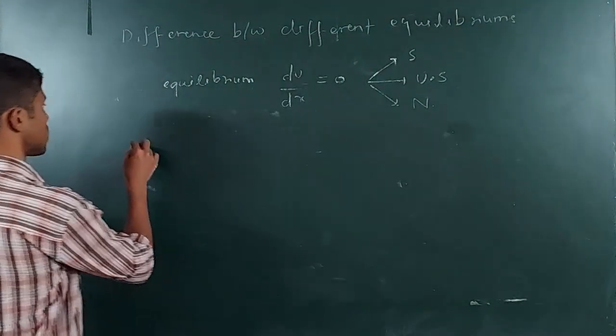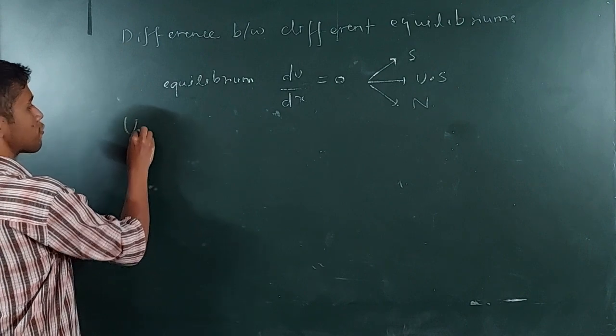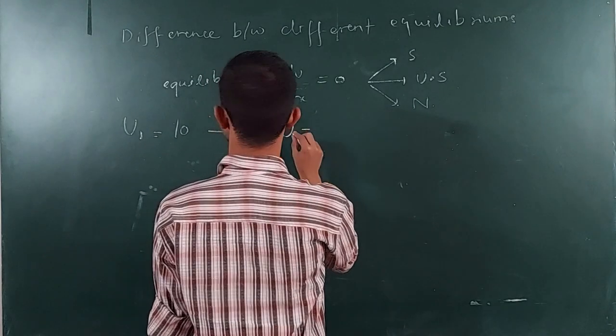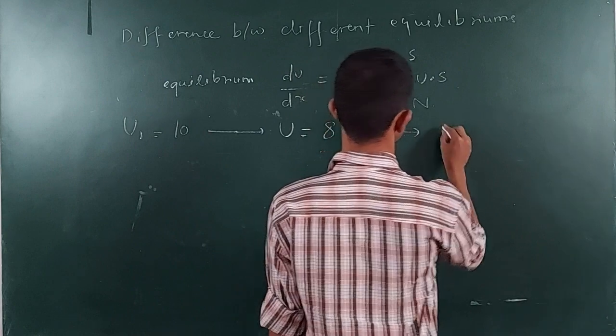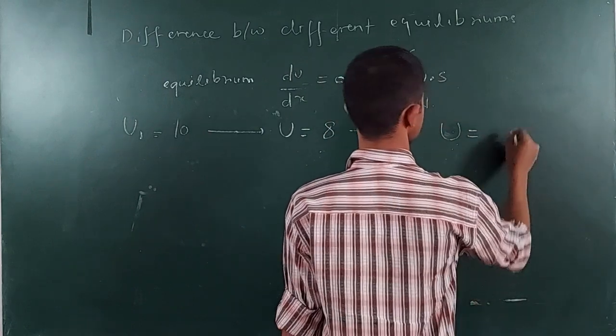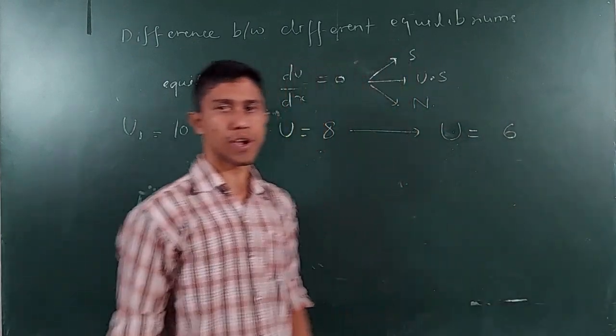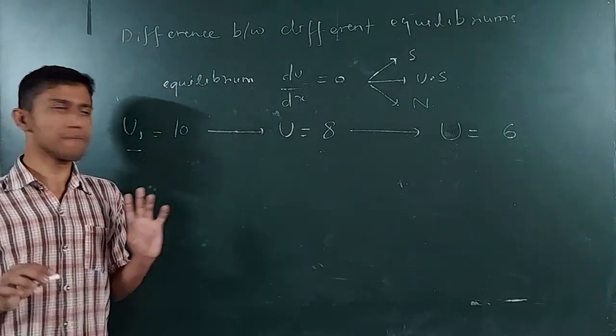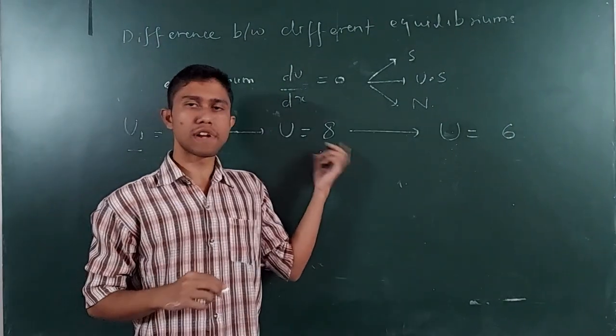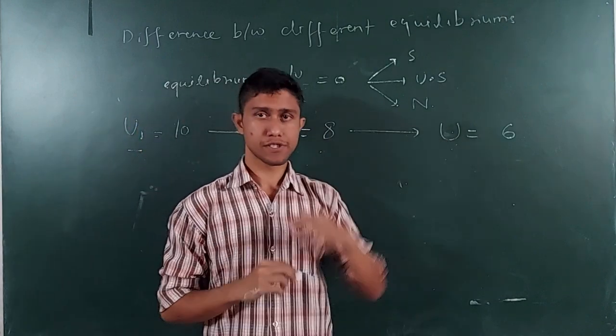Suppose initially u is 10. Okay, after some time u becomes 8, and after some time u becomes 6. Okay, so now tell me, u initially is what? 10, u afterwards is 8, and u afterwards is 6.